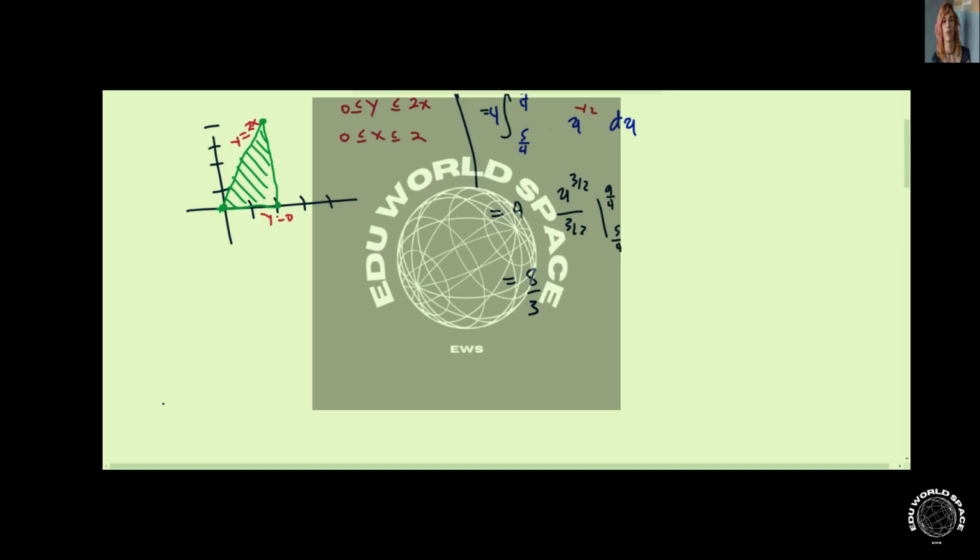And then if we were to do 9/4 raised to the 3/2 power, that should give us 27/8, and then minus, and I don't think 5/4 will work because 5 isn't a perfect square.